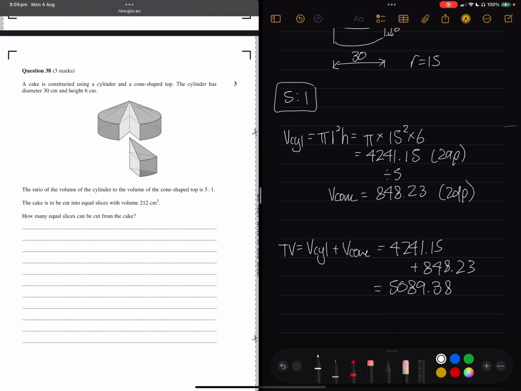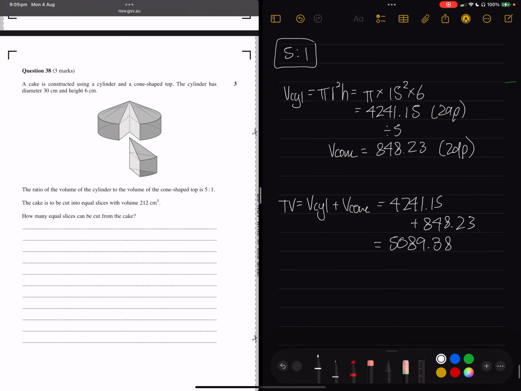We're told it's going to be cut into equal slices where the volumes are 212 each. So divide the total volume by the volume of each slice, 212. This should give us the number of slices. So the number of slices is 5089.38 divided by 212.